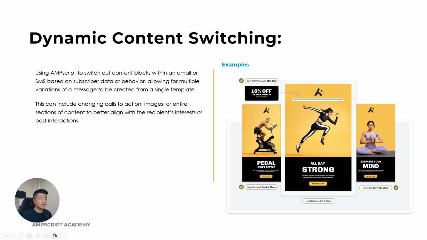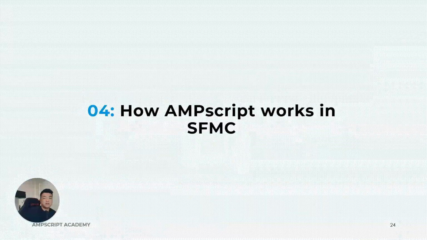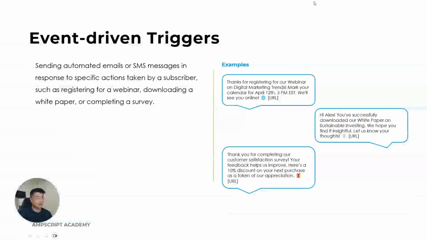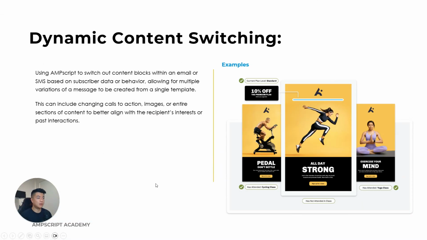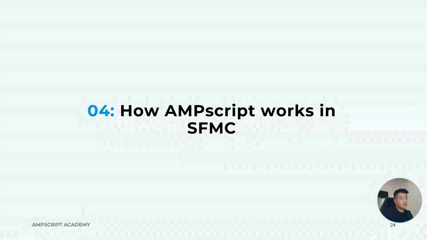Dynamic content, again, something very similar. Your email images, your titles, your links, your CTA buttons, all can be made dynamic using AMPscript. So I think hopefully that gave you a good idea of all the different types of use cases you can do with AMPscript. There we go. So that you can form that library bank in your head.